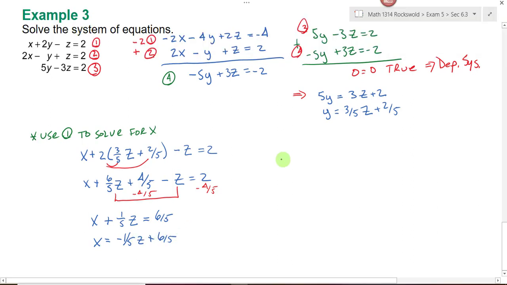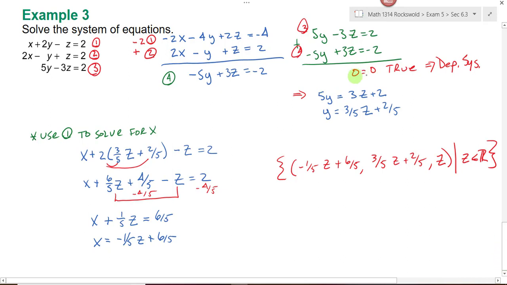And the way that I would write my answer is, this is the ordered triple, negative 1/5 z plus 6/5, comma 3/5 z plus 2/5, and then z, and z can be any real number that you want. And that would be the solution to a dependent system of 3 variables and 3 equations.